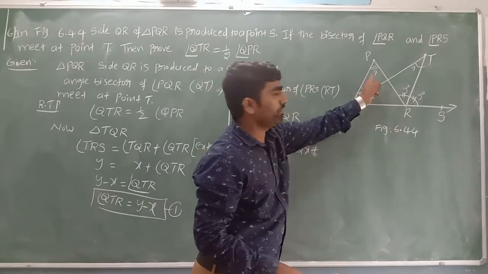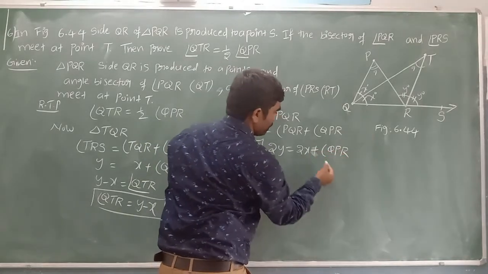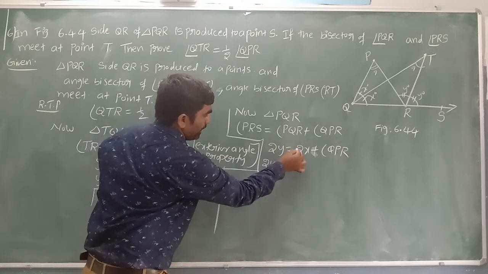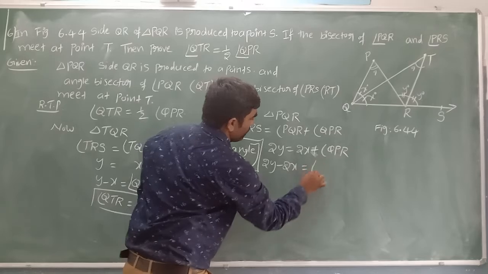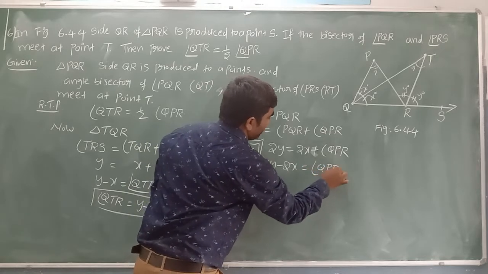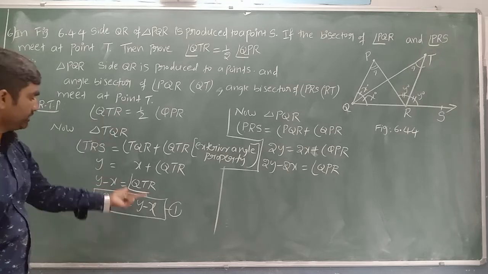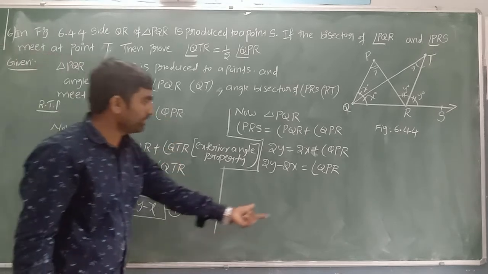QPR we don't know. We have to find QPR only. So to find QPR, plus 2x transpose this side. 2y minus 2x is equal to angle QPR. Yes, I got the value of QPR.